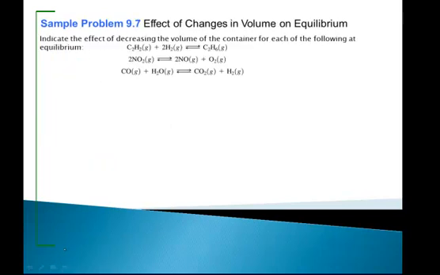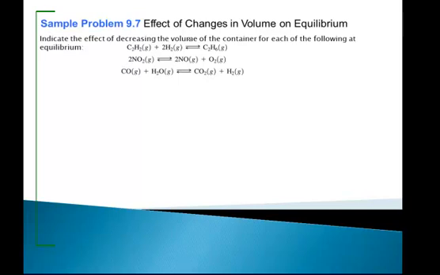Okay, in the next one, I have to decide what the effect of decreasing the volume of the container is going to be for each one. If I decrease the volume of the container, that's going to increase the pressure. So if it increases the pressure, it's going to want to shift to decrease the pressure and get rid of that stress.